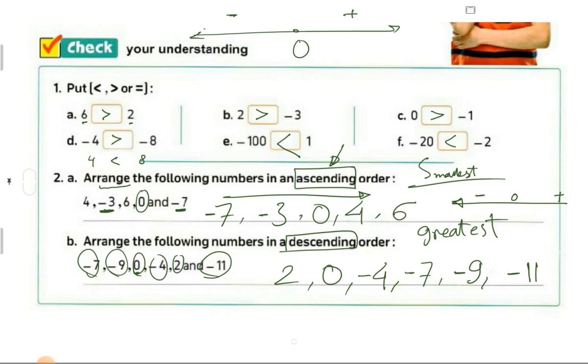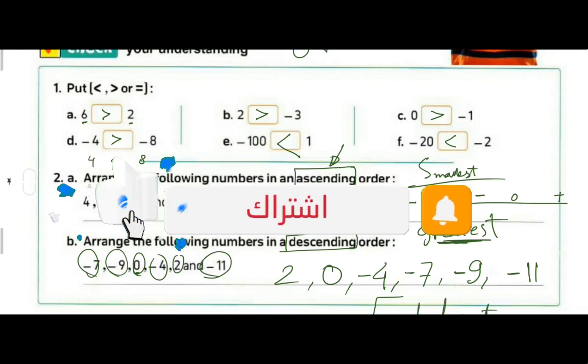Negative 11 here. Okay, 2 here. 0, negative 4, negative 7, negative 9. You can note that the greatest one is the positive, and we move to the left from the positive to 0 and to the left of 0. Now we reach the end of part number 3.